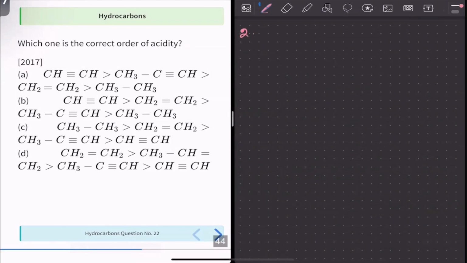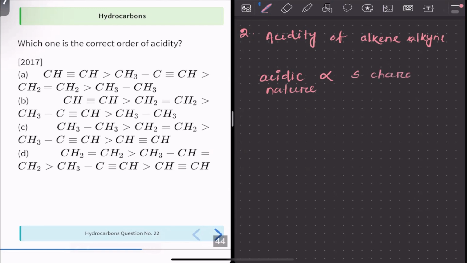How will you determine the acidity of an alkane, alkene or alkyne? The acidic nature of alkane, alkene or alkyne is directly proportional to the s character in the hybridization of the carbon to which the hydrogen is attached.